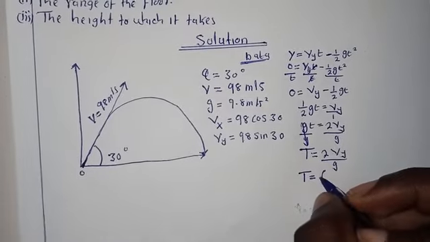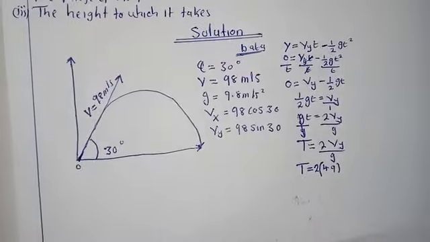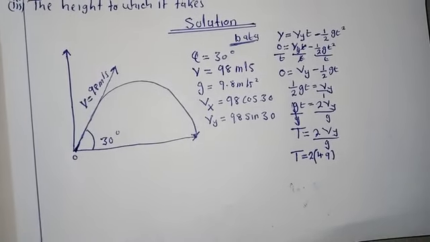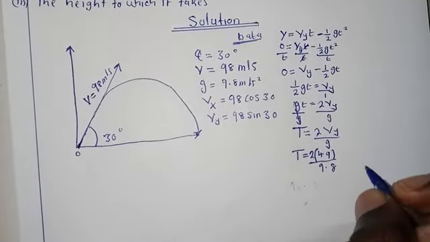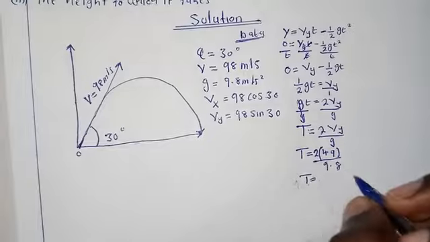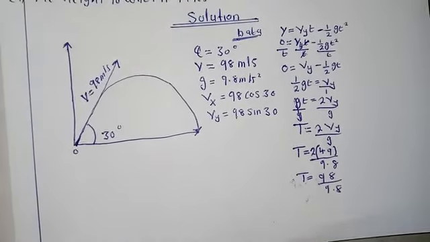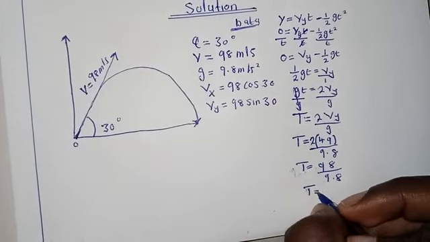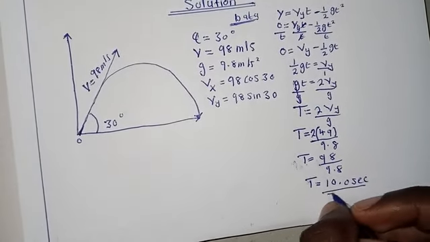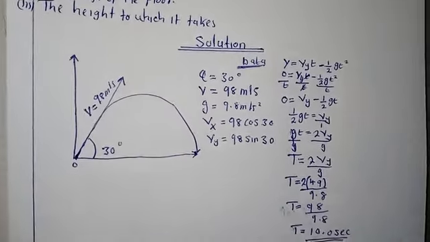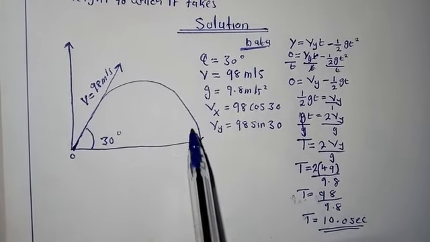So we're going to put a 49 in here, 49 over 9.8. The time of flight, so this multiplied by this, simply 98 over 9.8, and therefore the time of flight is just going to be 10.0 seconds. Alright, so this was the time that it took for the projectile to move from here up to this point.